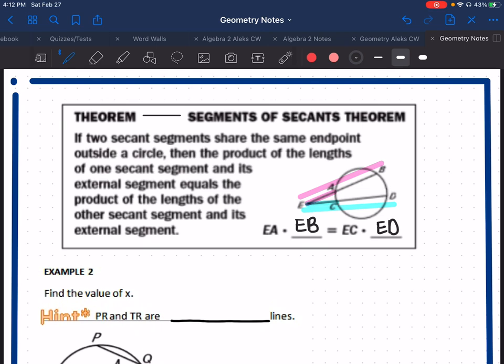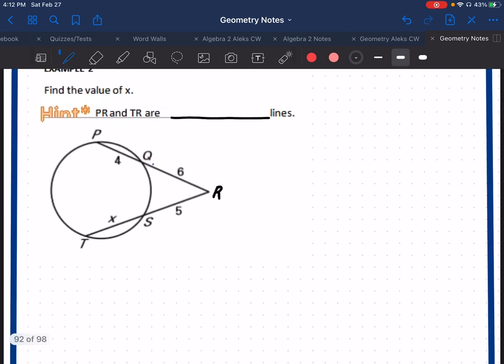Okay, so same idea: the outside part times the whole thing is equal to the outside part times the whole thing, secant to secant.